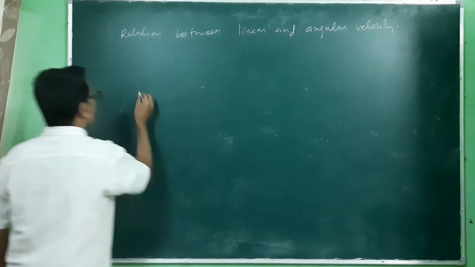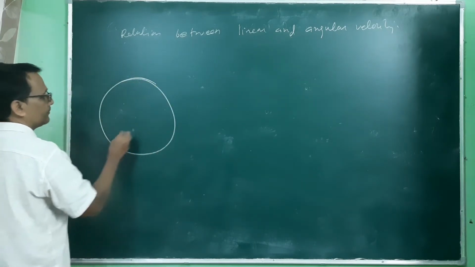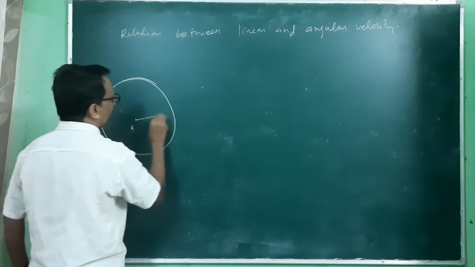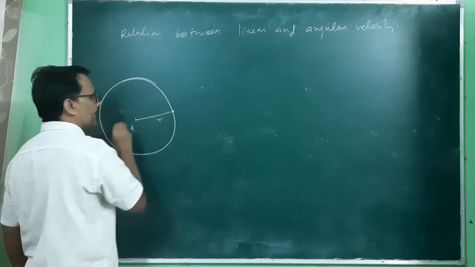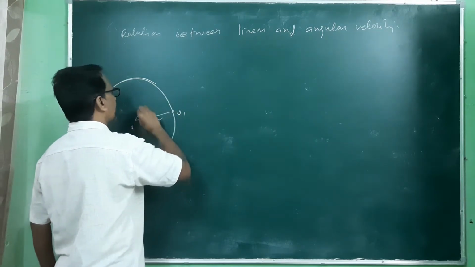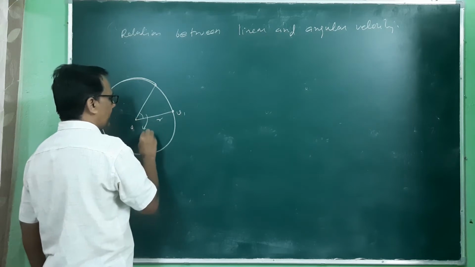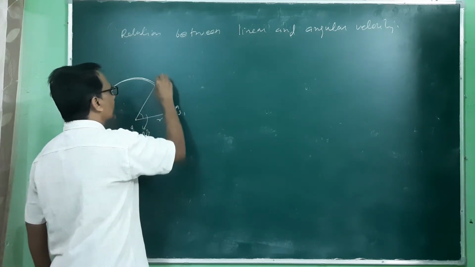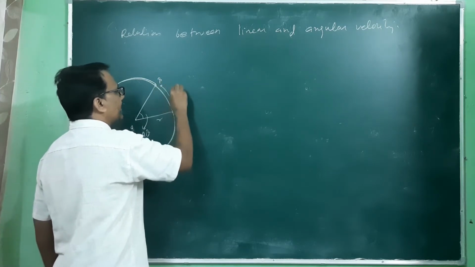So this is the circular path. This is the center O, the radius is r, and here the initial velocity is v1, and after some time its velocity becomes v2, and this is delta theta. This is position A, this is position B, and the total time taken is delta t.